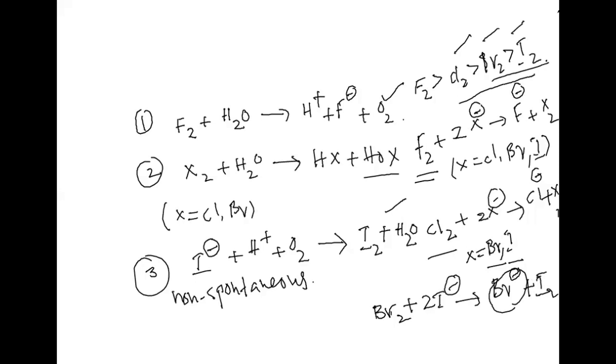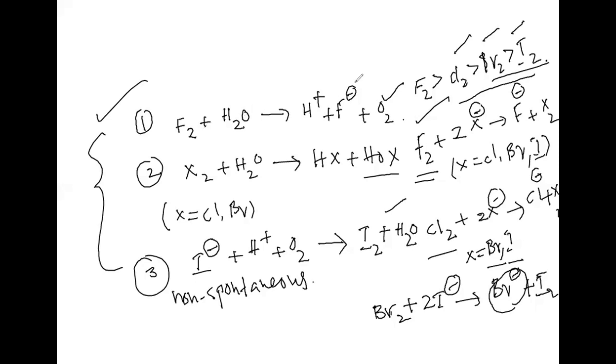Bromine can displace only 1, whereas iodine cannot displace anything. Right? Means the oxidizing power will come down when we move down the group, and these reactions show the oxidizing power of the halogens.